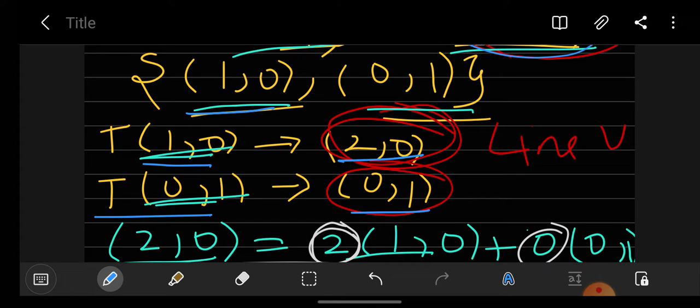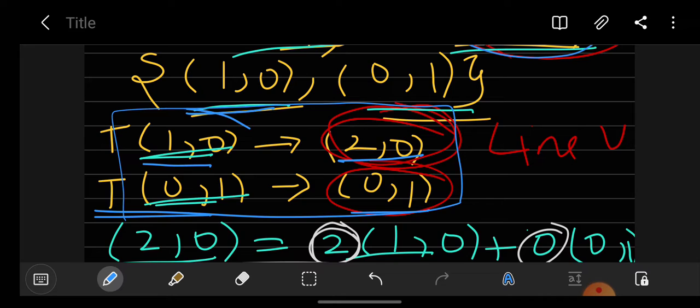This is the value of T(1, 0) and T(2, 0). This is in the form of a linear transformation or linear mapping, but we have to convert this into vector form. So how do we convert it into vector form?